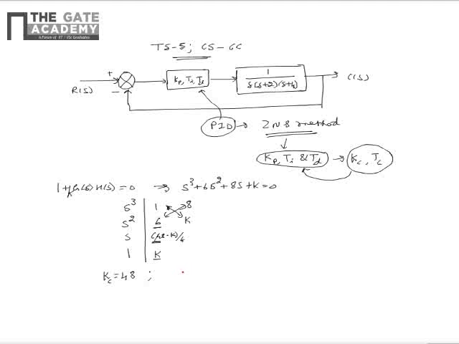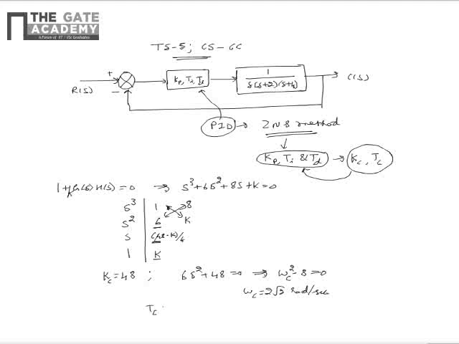Now, the auxiliary polynomial can be written for K is equal to 48 as 6s square plus 48 is equal to 0, and upon substituting s is equal to j omega, this can be simplified as omega square minus 8 is equal to 0. So upon simplification, we see that corresponding critical frequency omega c can be written as 2 root 2 radians per second.